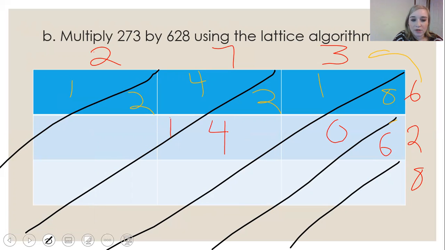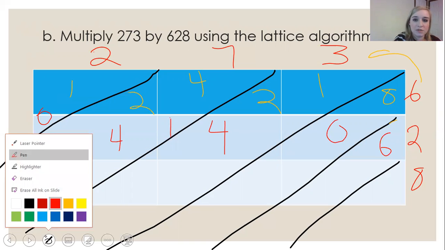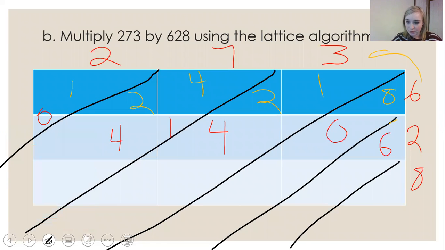This isn't perfect, but it's demonstrating what we're doing here. And then 2 times 2 is 4. That's what we're going to get, the 4. Okay, we're good. All right, so now we're moving on to the next row.